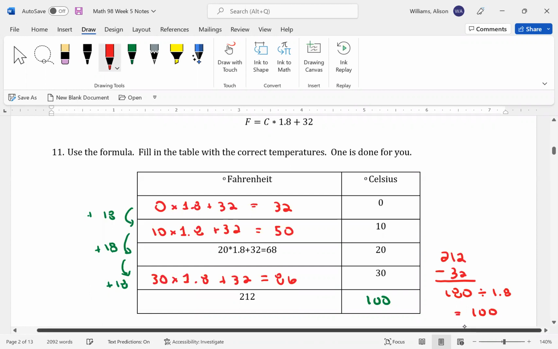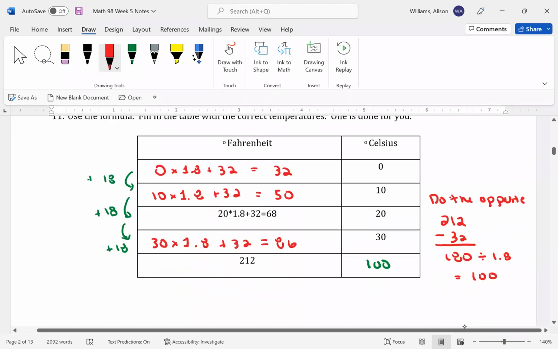So the other way of doing this is to do the opposite of the formula: subtracting 32 and dividing by 1.8. That's the exact opposite of what the formula says to do. Either way, we get 100, whichever method you feel comfortable with. And of course, like I said, it's actually on the picture, so we really didn't need to do that work.